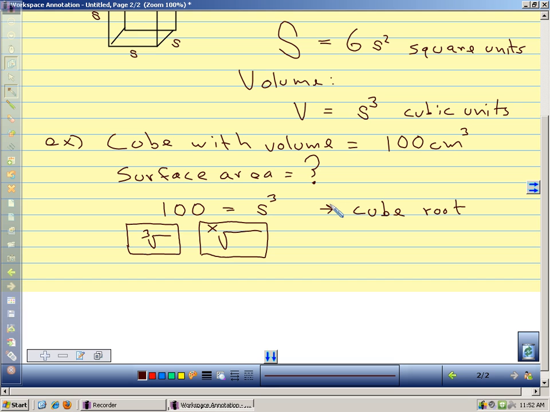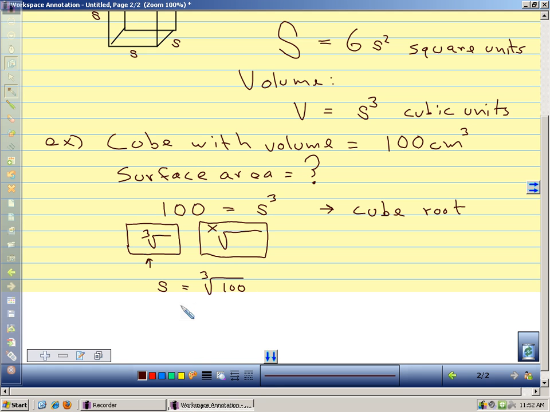So I'm going to grab a calculator. If you have a Texas Instruments, something like this, this particular one has this button. So what I need to do to find my side length, the side length is the cube root of 100.